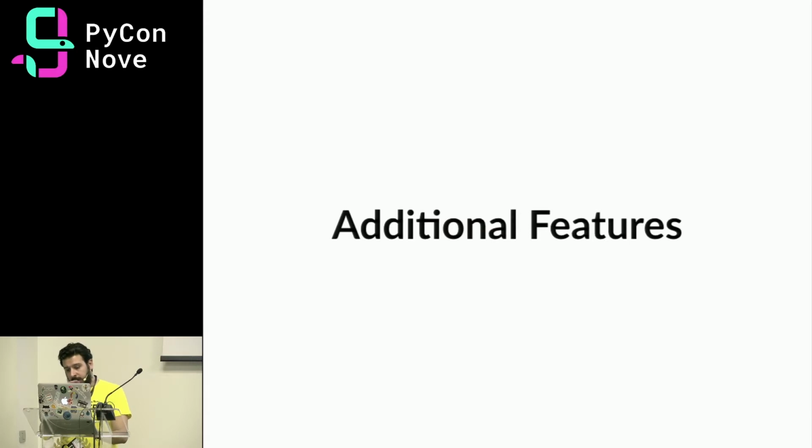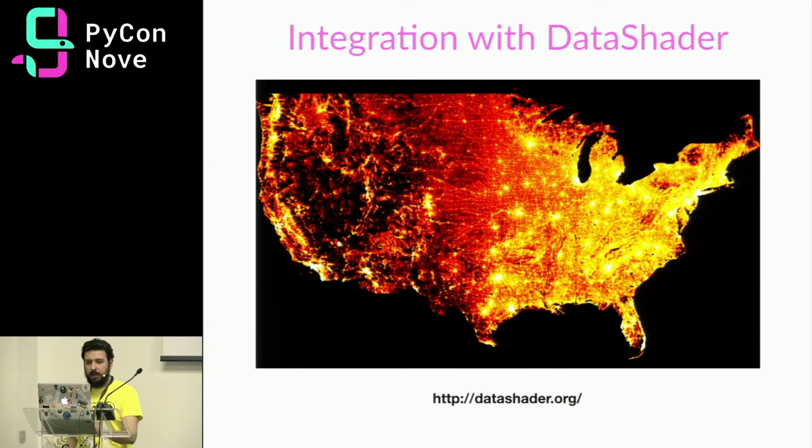And Bokeh has additional features. For example, you can integrate Bokeh with DataShader. DataShader is a tool that permits you to plot millions of points on a raster or on a geospatial map.